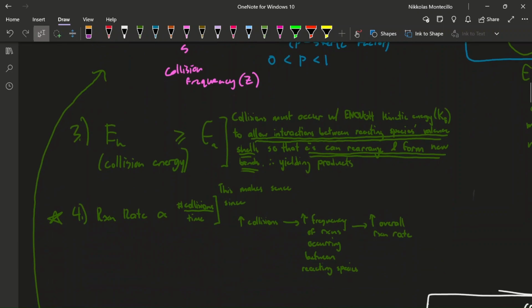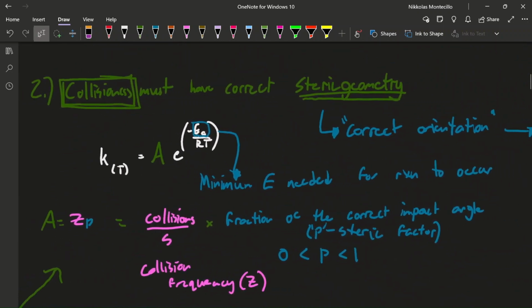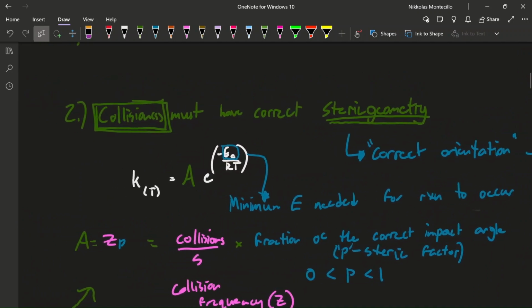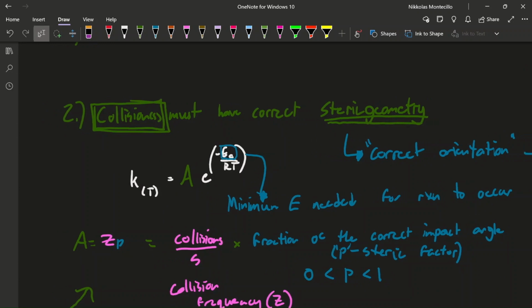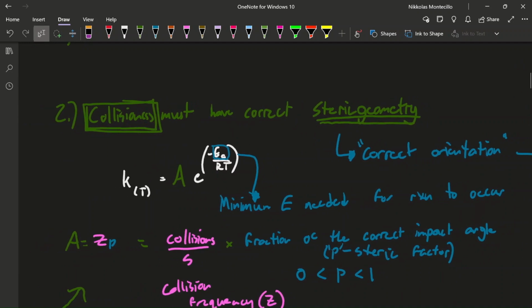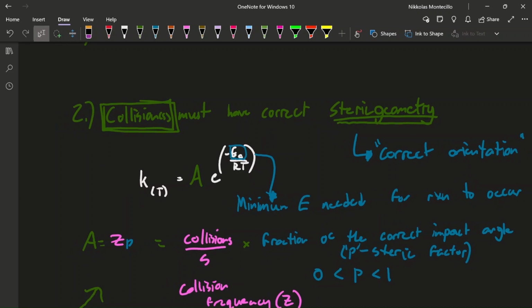That's the third criterion. Oh, I also forgot to mention, I didn't get to finish on the second criterion. We can see here in this formula, for the second criterion where collisions must have the correct steric geometry, the Arrhenius equation, where k equals A times e to the power of negative Ea, the activation energy, over RT.